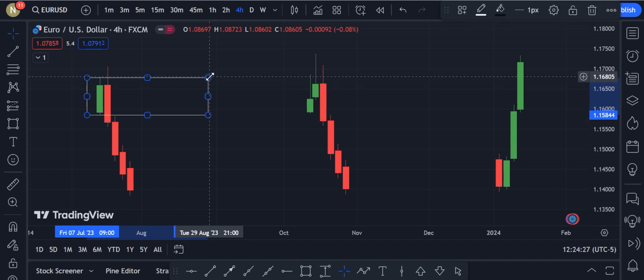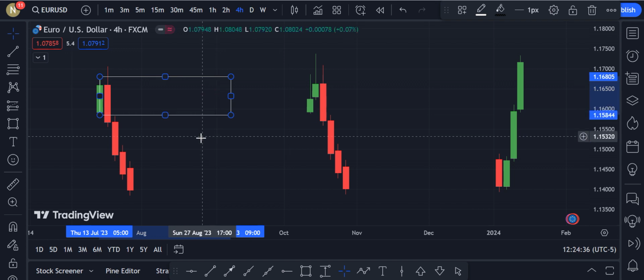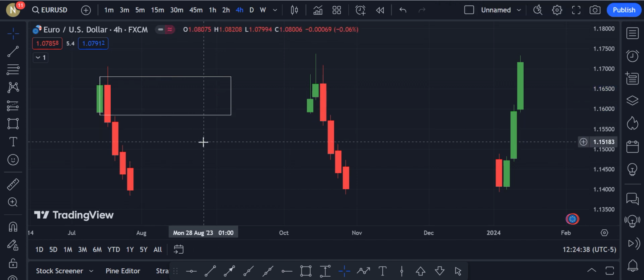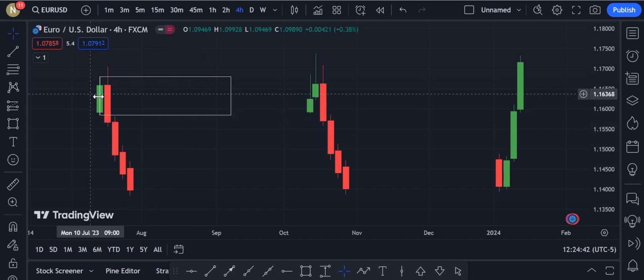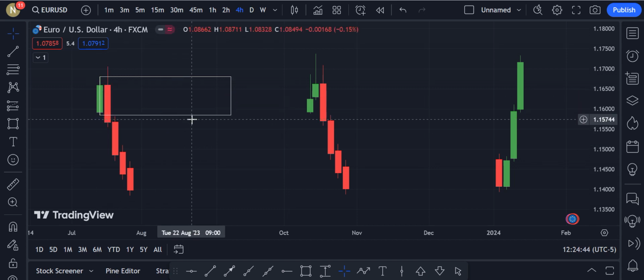They normally go with such things: the first or the last buying candle. So when someone says this was the last buying candle before the drop, they normally choose this and identify it as an order block.